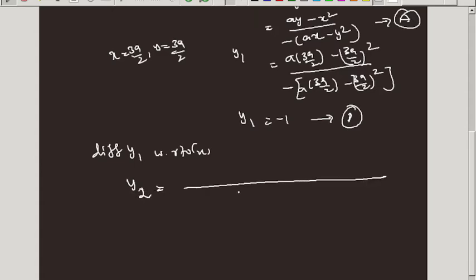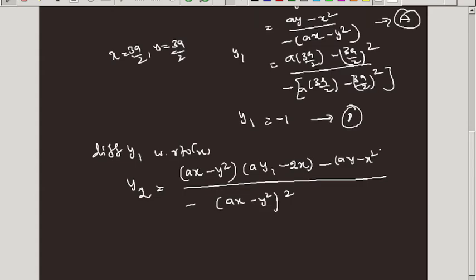We get the denominator, a x minus y square, whole square, and in the numerator first we write the denominator, then differentiate a y, which is a y1, minus x square, which is 2x, with the minus in the formula, then a y minus x square, the numerator as it is, times the derivative of the denominator, a minus 2y into y1.